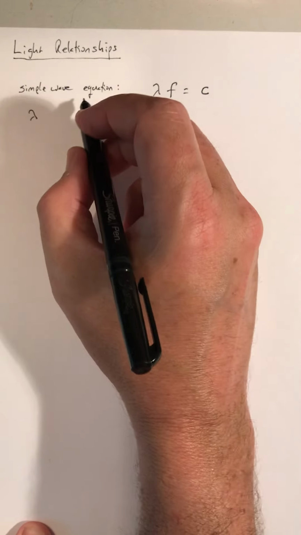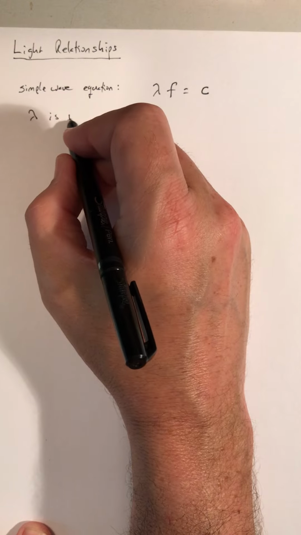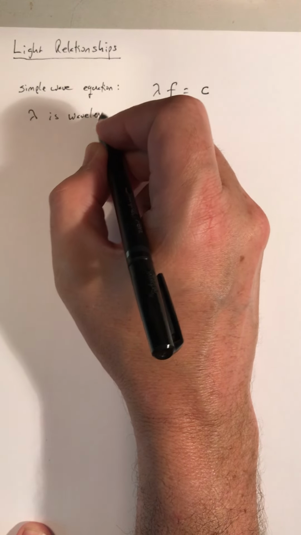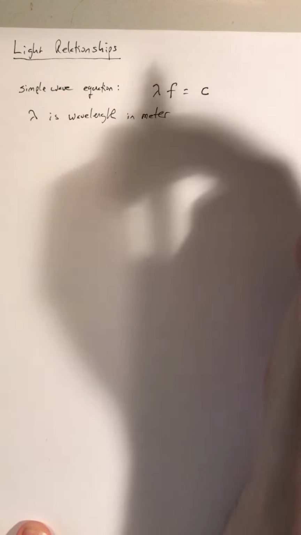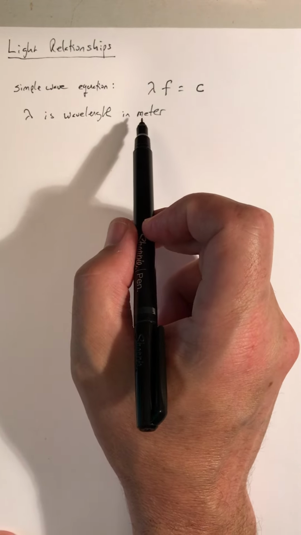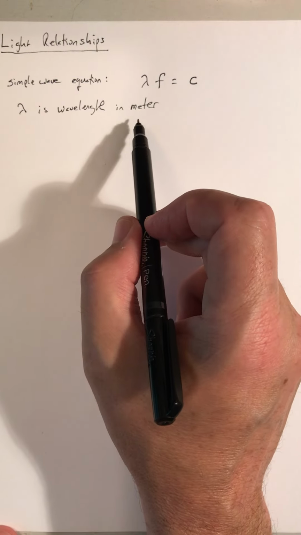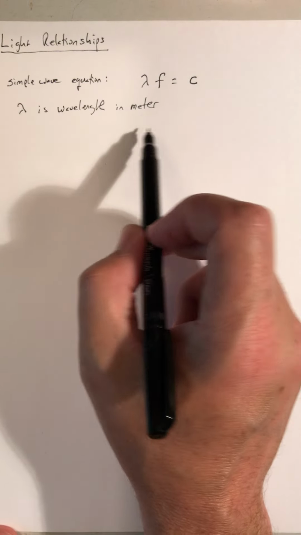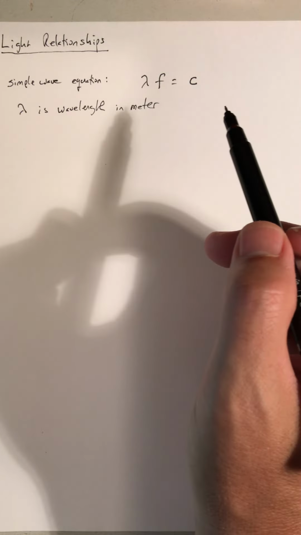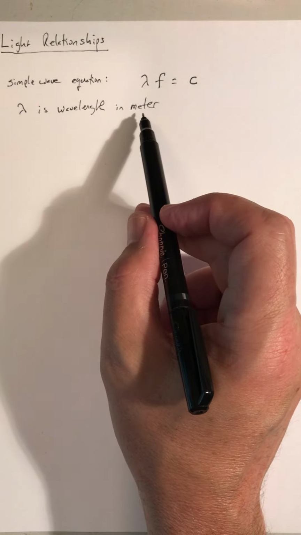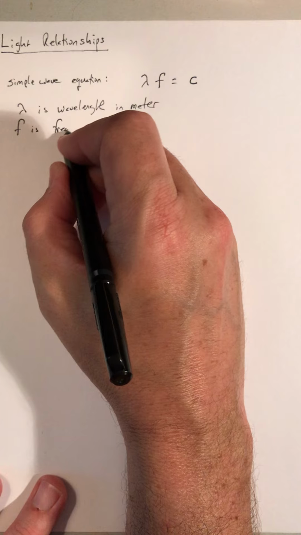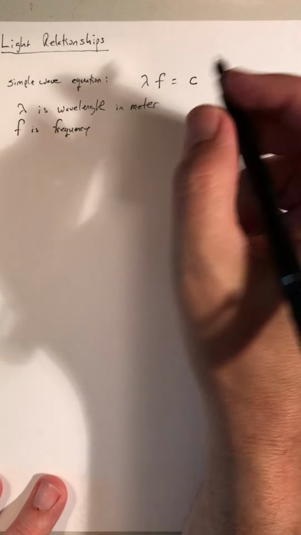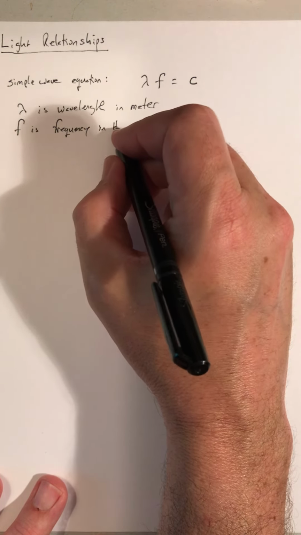So lambda, lowercase lambda, is wavelength, and we would normally measure that in meters, although sometimes we might use nanometers or micrometers or millimeters or some multiple of meter to make the number a little bit more convenient. f is frequency, and that is measured in hertz.